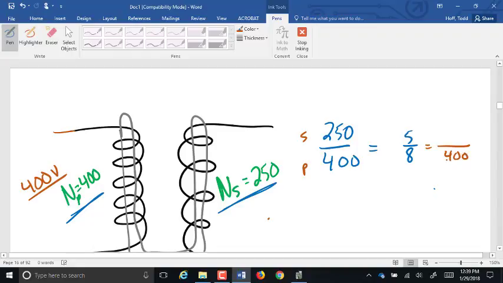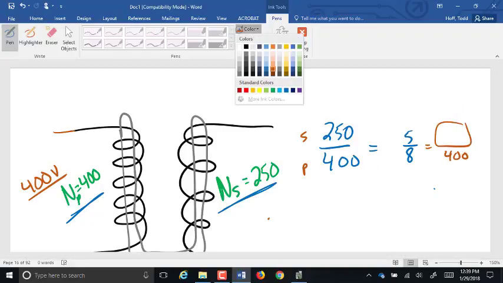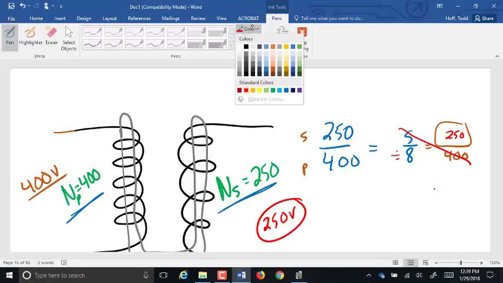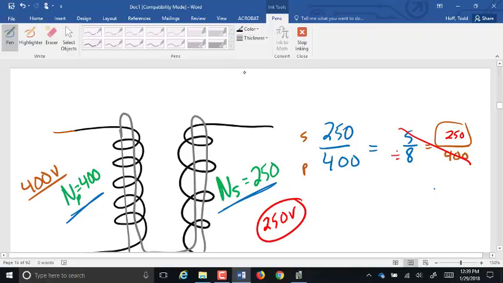Yeah, 5/8. The 400 goes on the primary on bottom. To find that missing number, we cross multiply and divide. 5 times 400 divided by 8 is 250. This will be 250 volts. So the ratio of voltage is equal to the ratio of the turns of the coil.